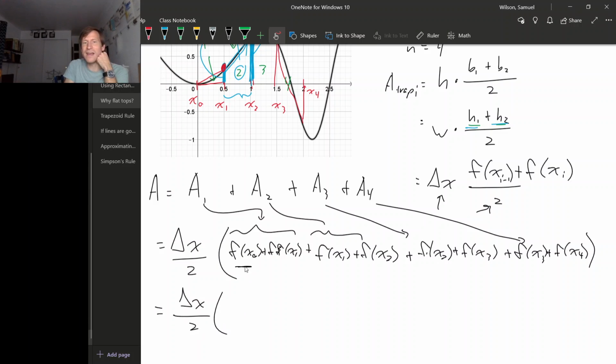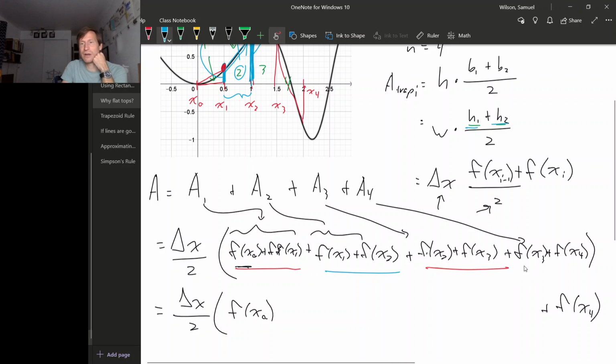The ones on the end, f of x sub 0 and f of x sub 4, only show up once. Here's the first trapezoid, the second, the third, and the fourth. X sub 0 only shows up in the first trapezoid, and x sub 4 only shows up in the fourth trapezoid.